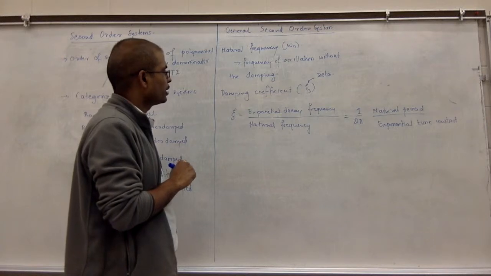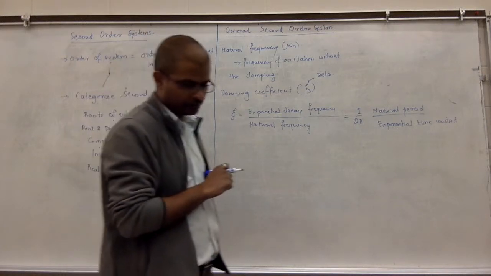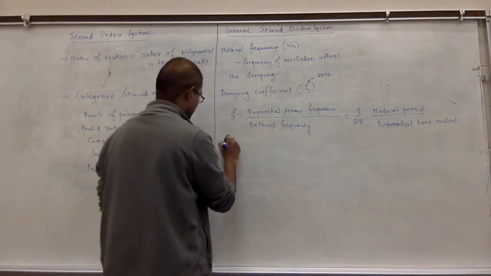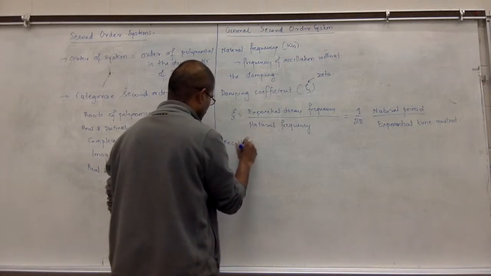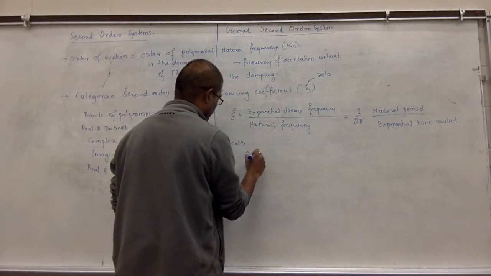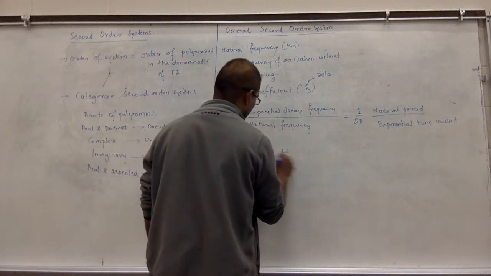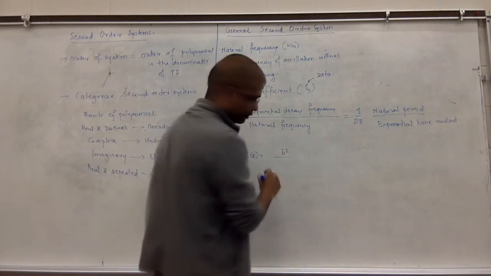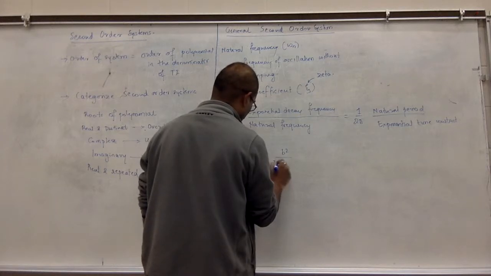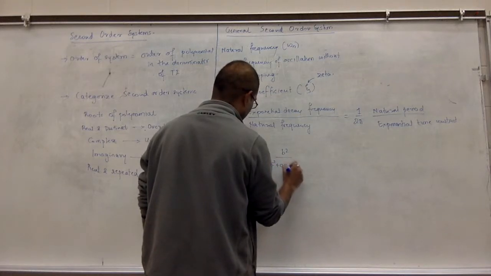So now think about, recall this. What was the general notation we used? Over s square plus as plus b.